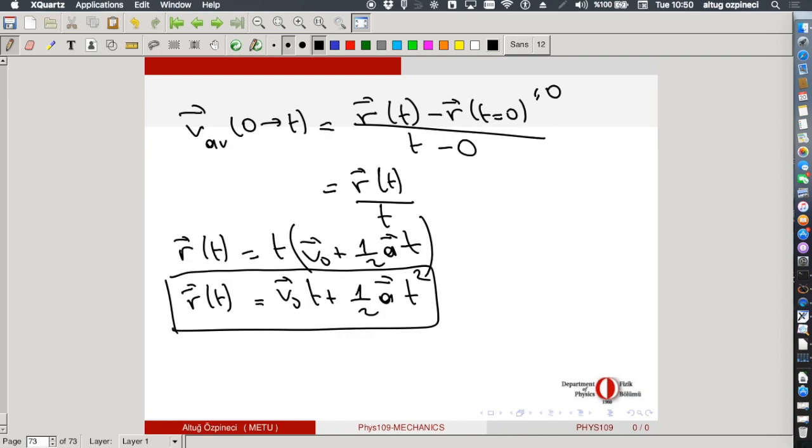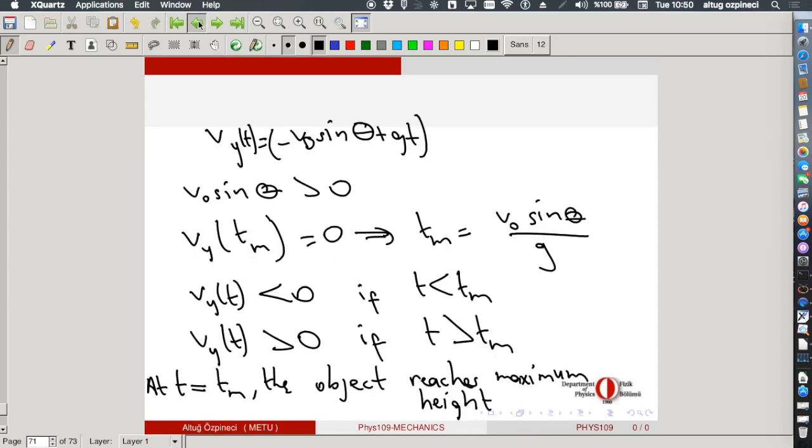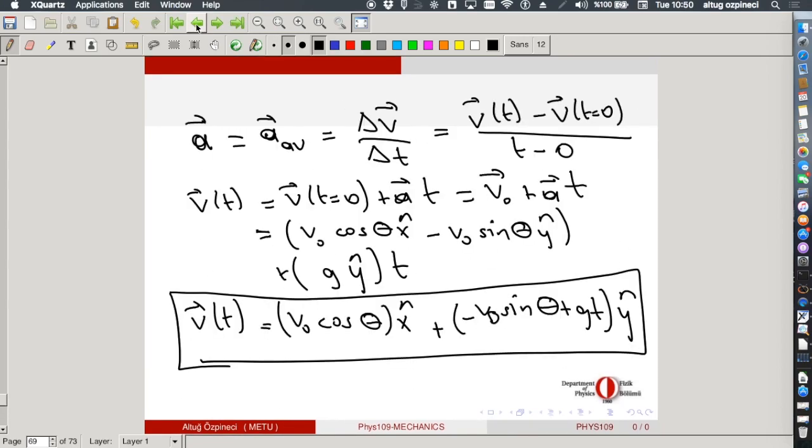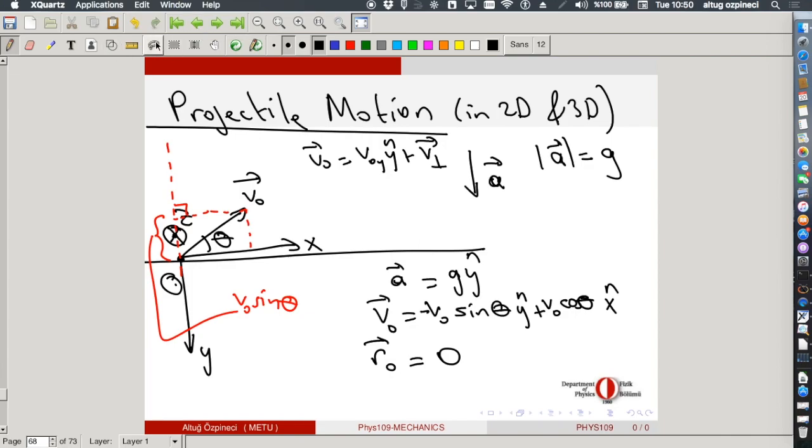Now we can again write it in terms of its components. The x component. I'm already writing the x component only. Let us remember what the x and the y components of the velocity were.